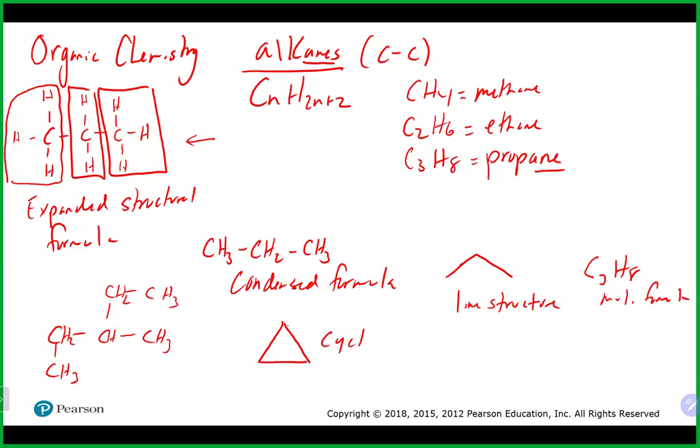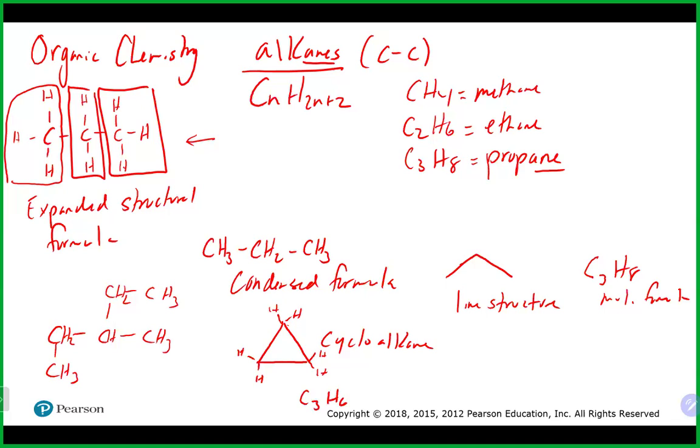So this is a cycloalkane. Cycloalkanes are just like the regular alkanes, except you put cyclo in front of it. They will have 2 less hydrogens because the carbons come together, and that means you have to lose 2 hydrogens to do that. So this guy only has 2 hydrogens at each carbon, and that would give us C3H6 in this case. Again, it loses 2 hydrogens when it closes up on itself.